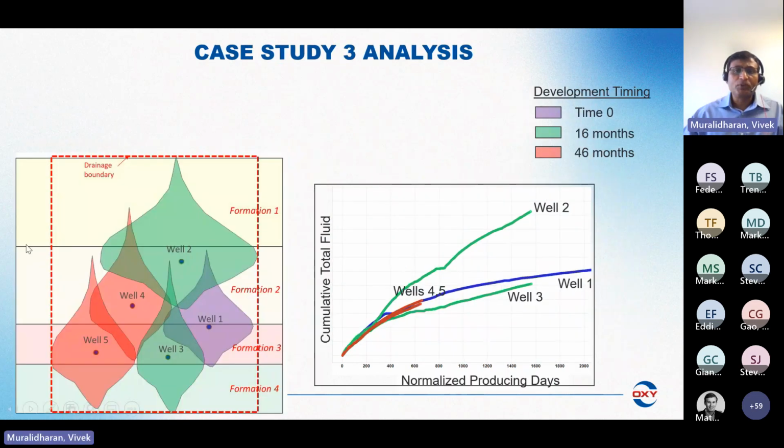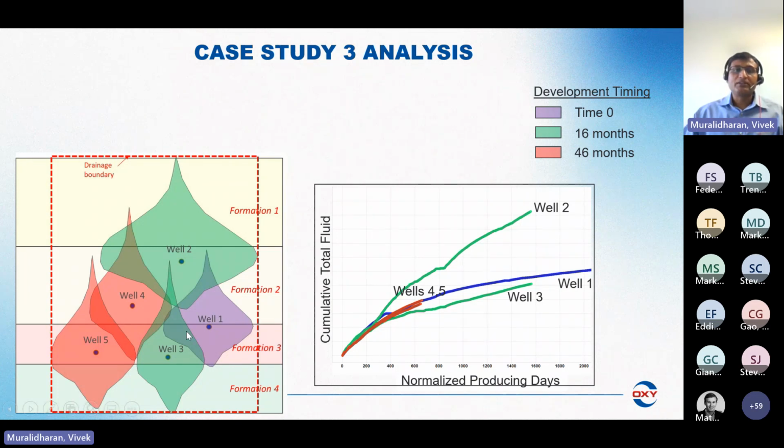In case study 3, you can see that this is pretty much an ideal case, where you have a good, healthy overlap. Well 1 was the standalone well with the Gen 1 completion, so the distance is a little bit more. Interference can be explained in different ways. Either it could kill the parent well or the child well will get compromised, one of the two.